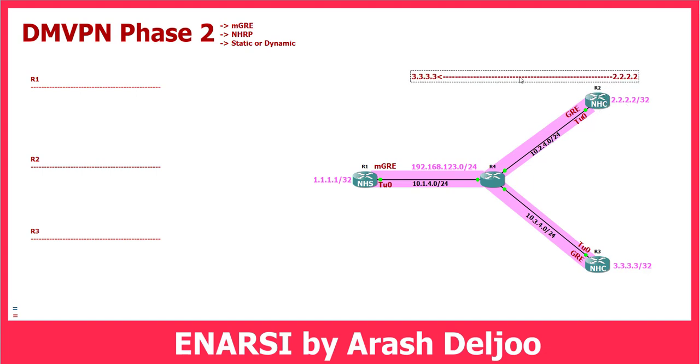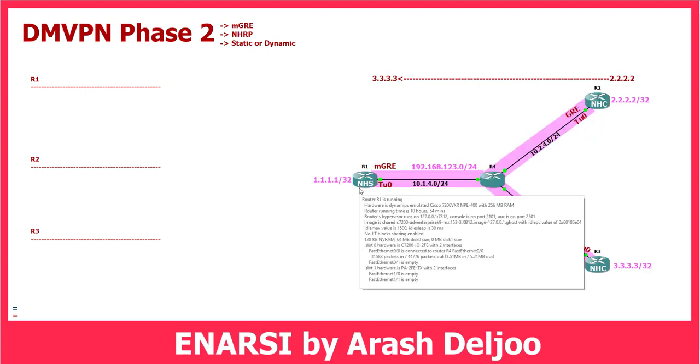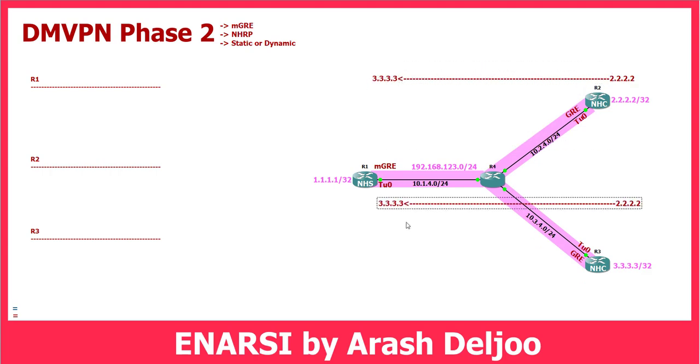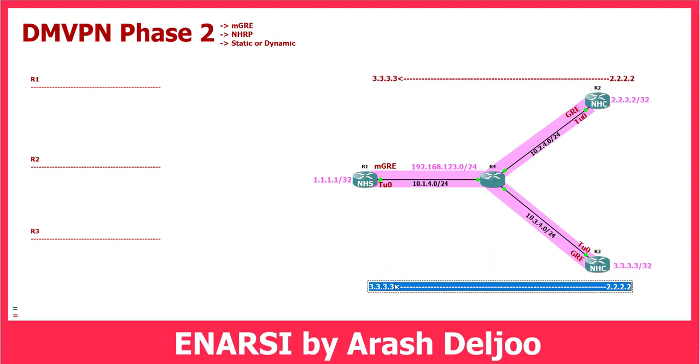This is the DMVPN spoke router, or in NHRP we call it NHC, next hop client. This traffic first should be sent to router 1. Actually, it should be encapsulated from R2 to R1. Again, it should be encapsulated from R1 to, for example, R3. You saw this function in the previous video.